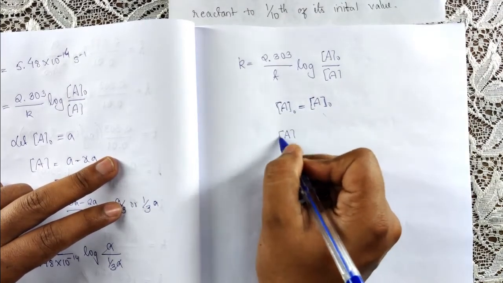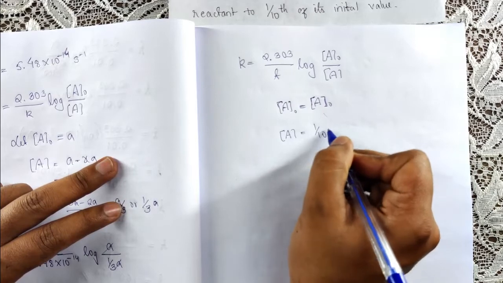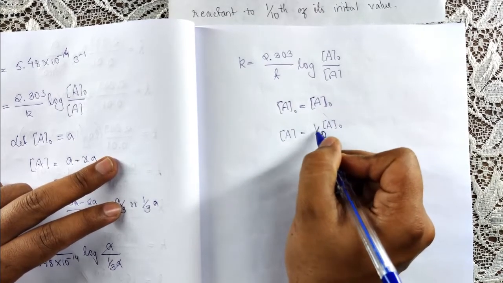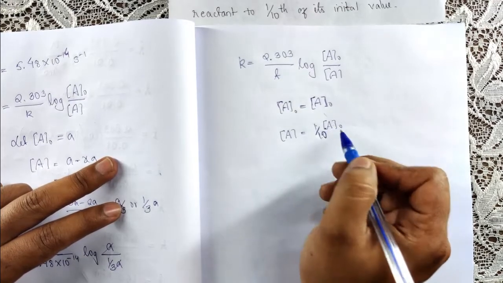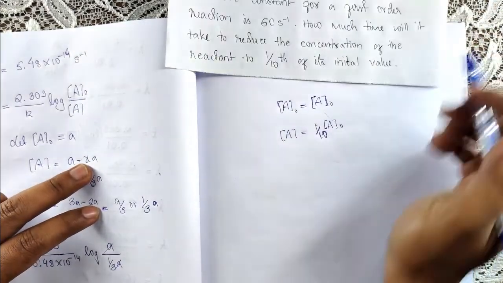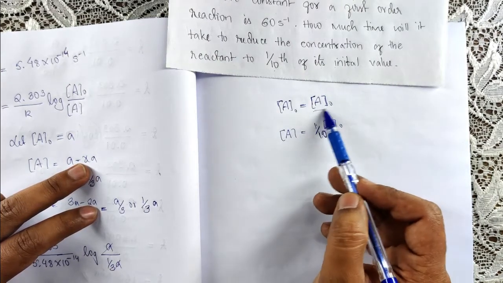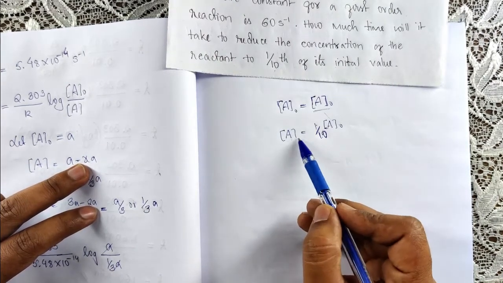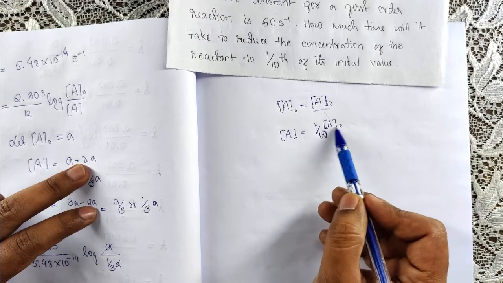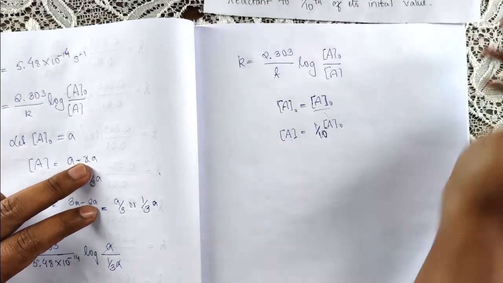And A is 1 by 10 of its initial concentration. What is the initial concentration? This is the starting concentration. So A will be 1 by 10 of its initial concentration.